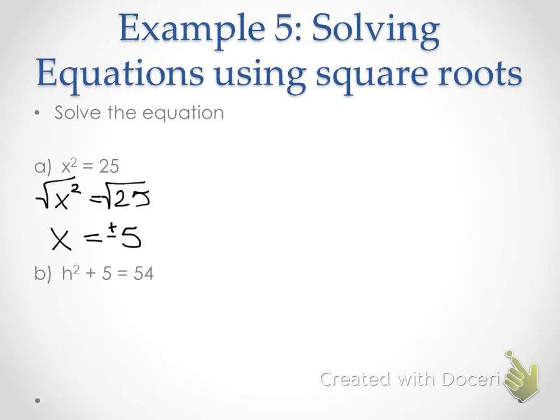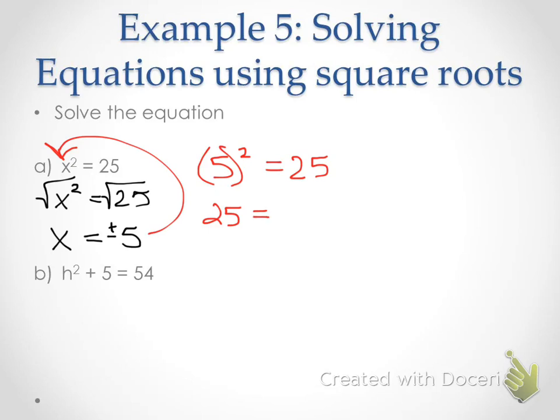And here's why. How do I check to see if my solution is correct when working in an equation? How do I check my solution? Kathy? Put 5 as x. Okay, plug it back into the original equation. So that's exactly what we're going to do. 5 squared equals 25. Was that true? 5 squared equals 25? Yes, it is. 25 equals 25.